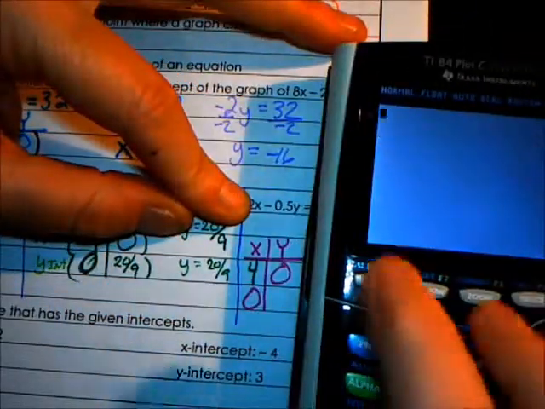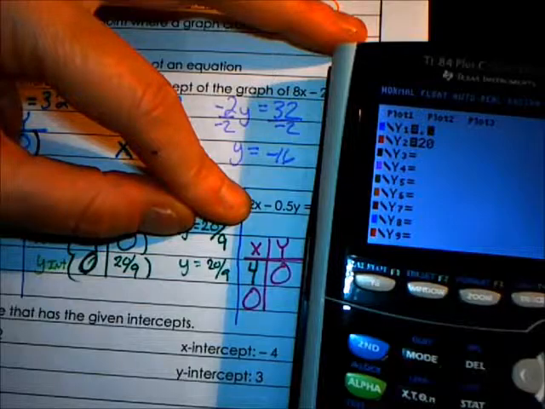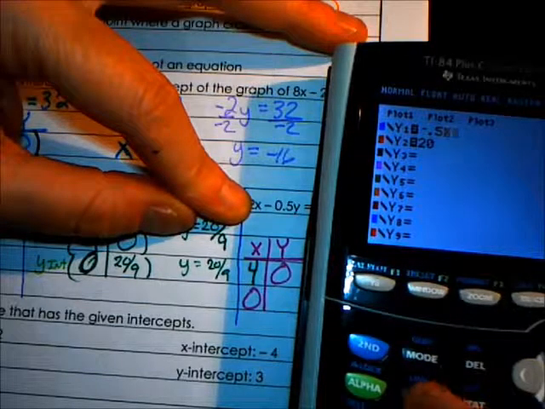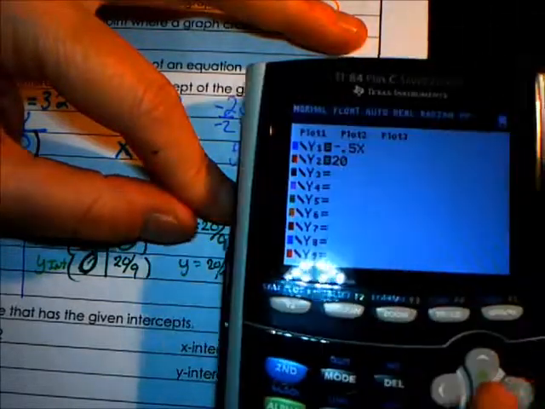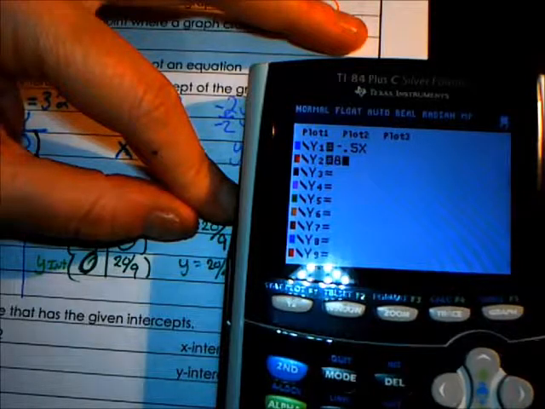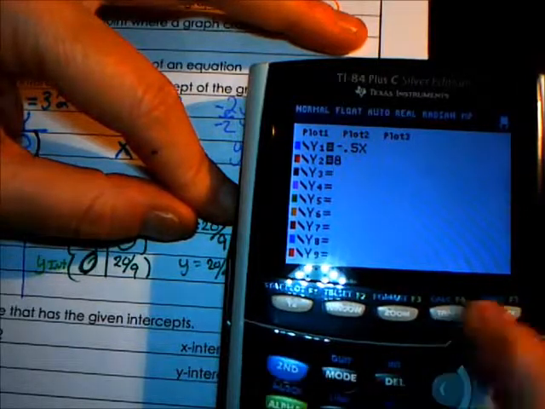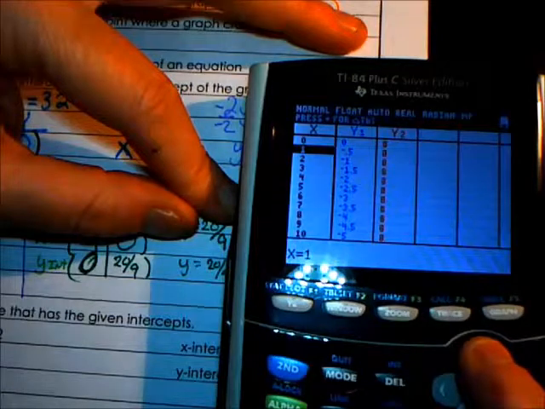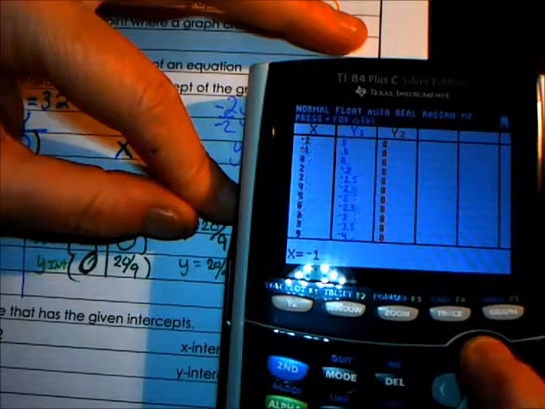So if I go to my calculator and type it in, negative 0.5x, and the second one is an 8. And I go to the graph, I'm in the negatives, so let me go up.